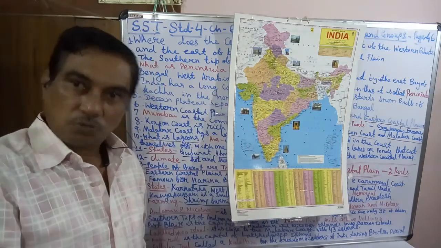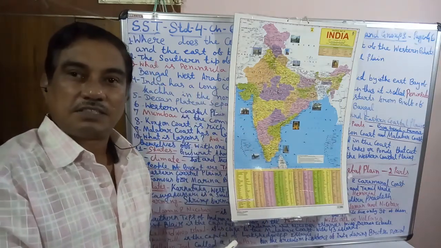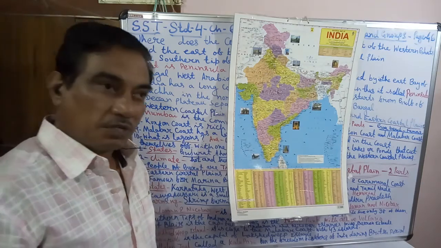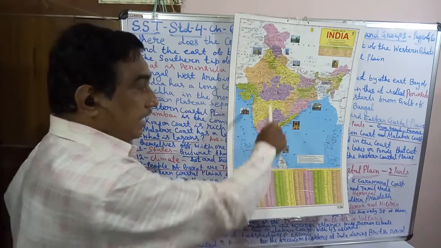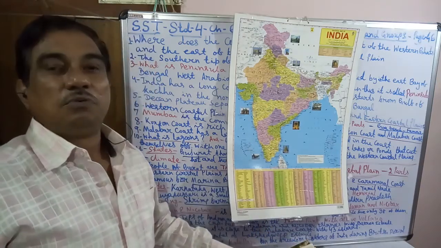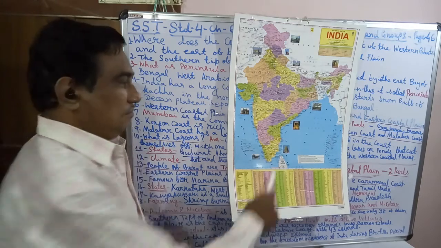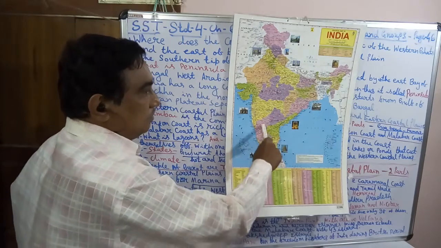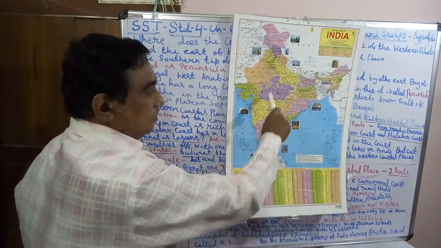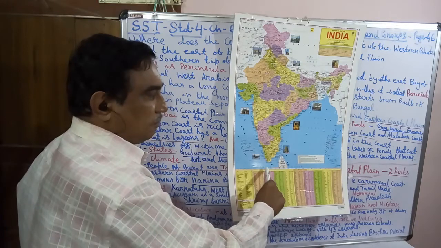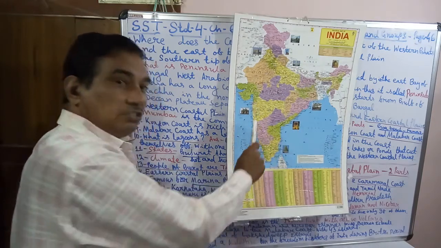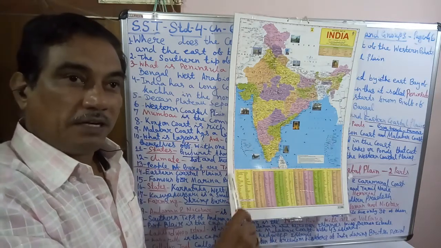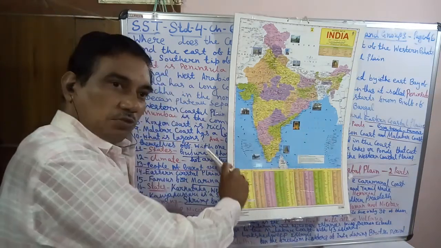These coastal plains lie along 6,000 kilometers in India. And the Deccan Plateau divides the western coastal plain and eastern coastal plain. This is the Deccan Plateau. It divides the southern part into two parts, the eastern coastal plain and western coastal plain.